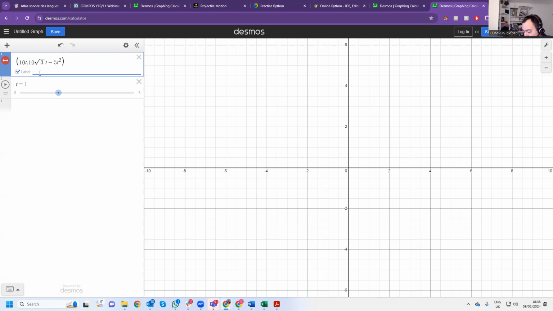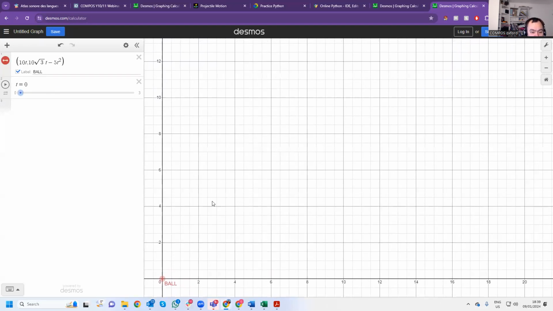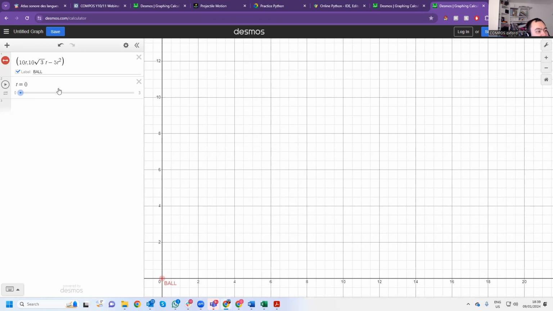And let's label this as the ball. Okay, so when t is 0, the ball is here. As a matter of fact, what I'll do is just make a trace.